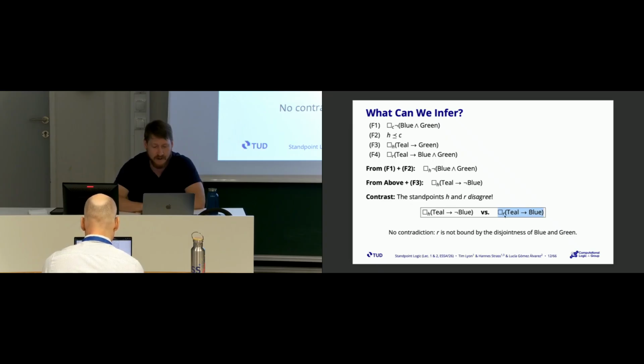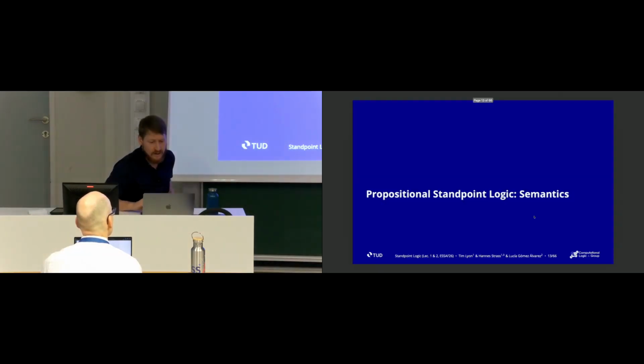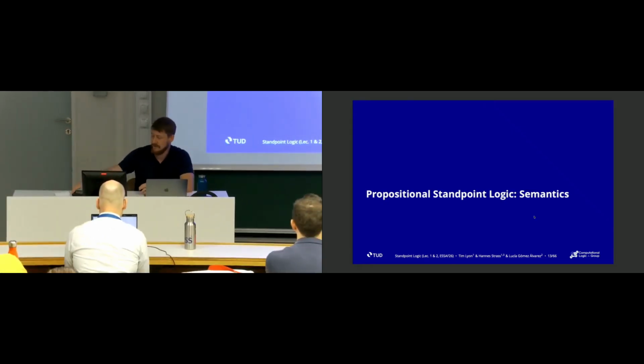Whereas from standpoint R, if they were to encounter a teal object, they would call it blue. So what happens here is that we have some inconsistency between different perspectives or standpoints, but because we're wrapping our formulae in these standpoint modalities, we are avoiding this inconsistency. Okay? All right, so that was material on the language of propositional standpoint logic.